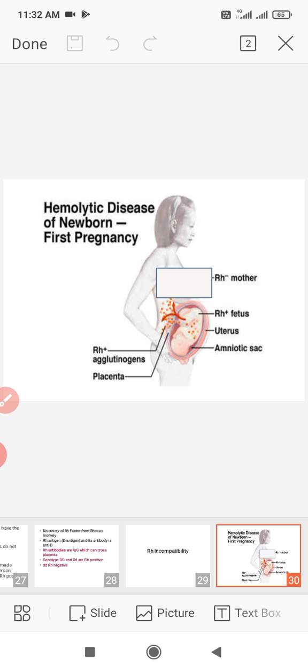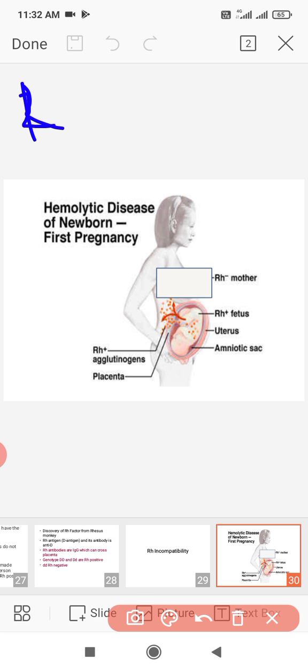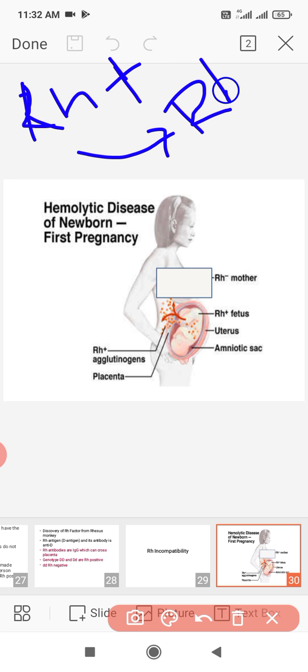In this RH system, if an RH positive person gives blood to an RH negative person, very important, now the RH negative person is the recipient.